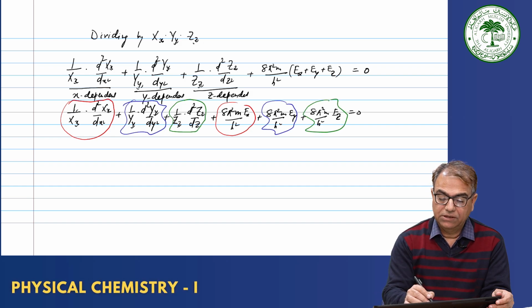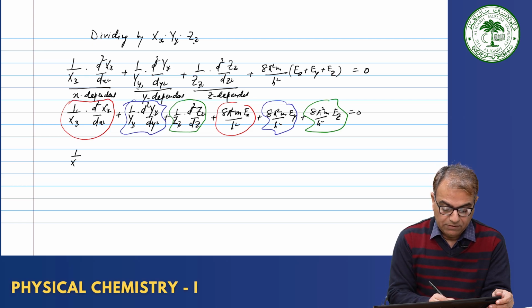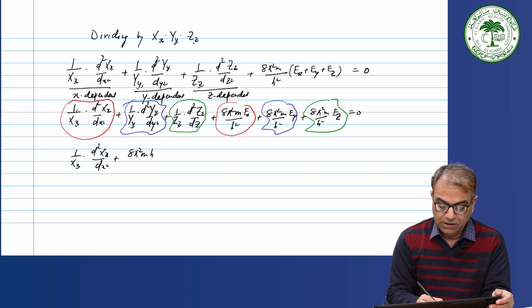So, club these terms and you can write 1 by X d square X by dx, and all this is summation. So, you can sum this as like this one, 8 pi square m by h square Ex.